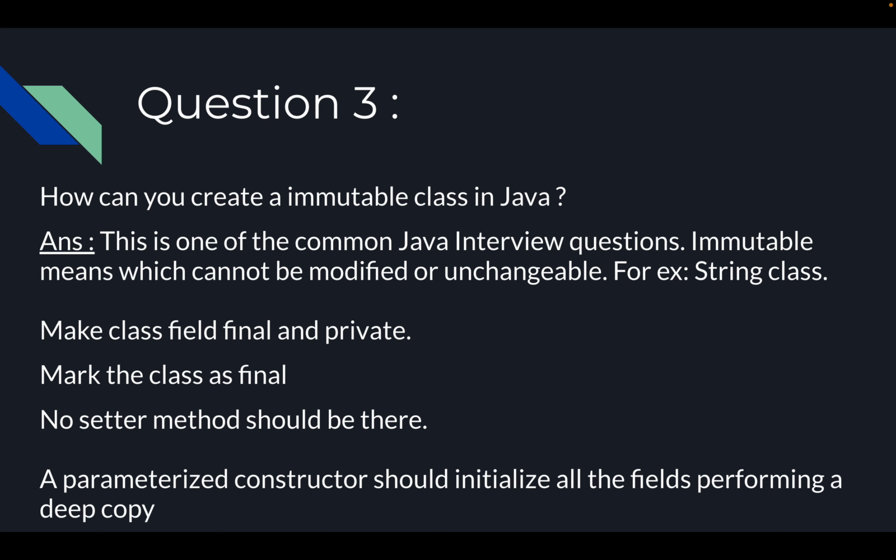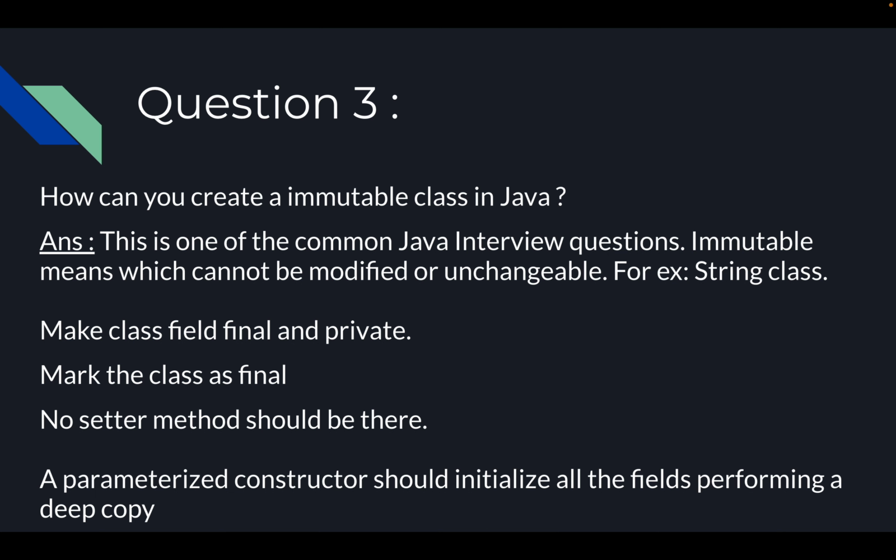Coming to question number 3, the interviewer asked me, how can you create an immutable class in Java? This is one of the common Java interview questions. Immutable means which we cannot change, or the one which cannot be modified. For example, the String class in Java is immutable.